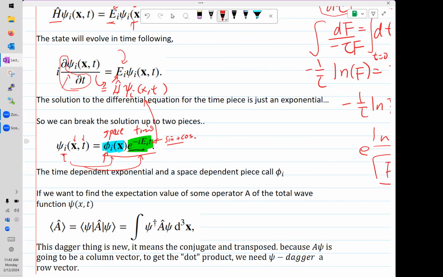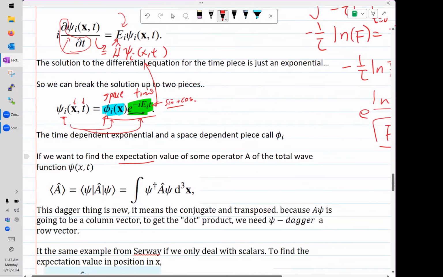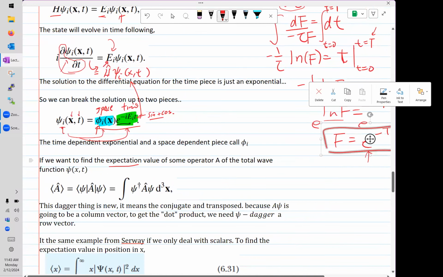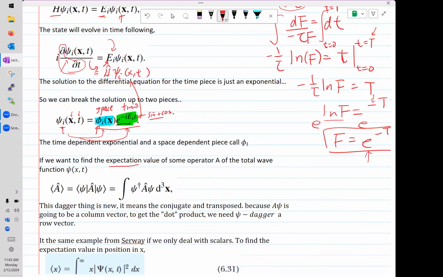So let's say we want to find the expectation value. Let's figure out what that is first. If I was to make a measurement of something using some operator A, as I stated before, you act on the wave function.